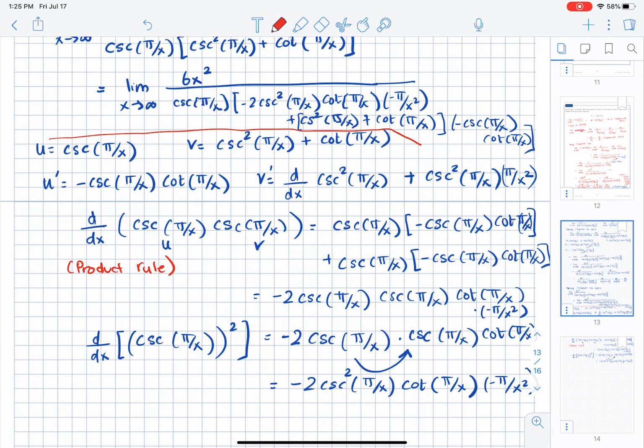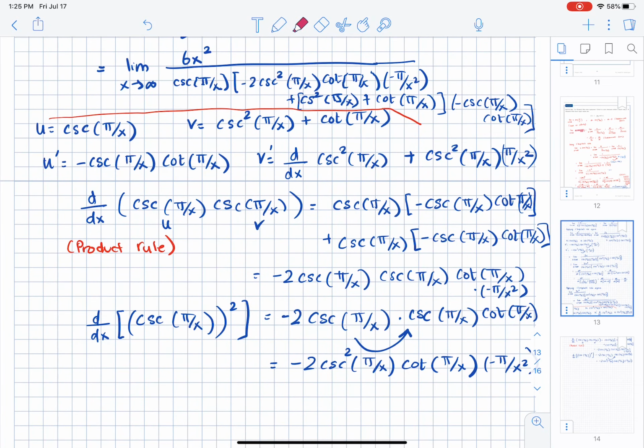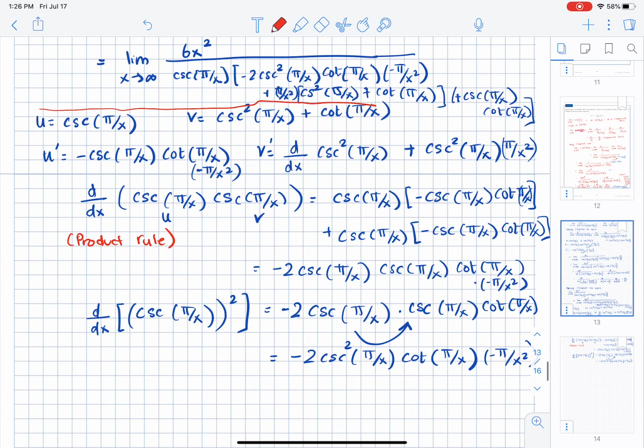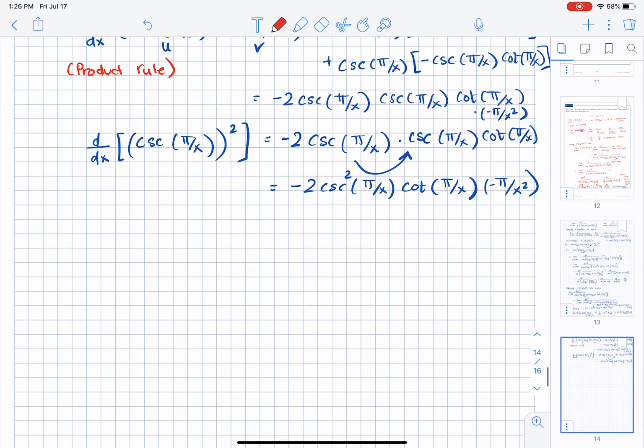So those are separate. And we have to multiply here by pi over x squared also with a negative. So I could write that term as positive. Now we have a pi over x squared in common, so I could move that out.